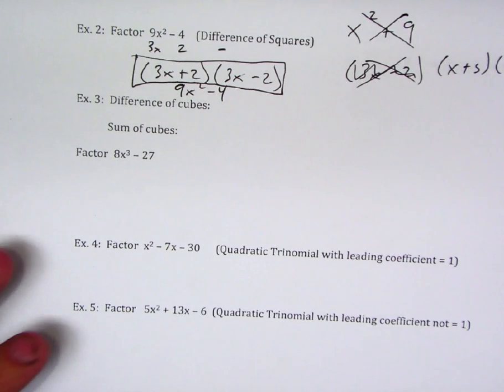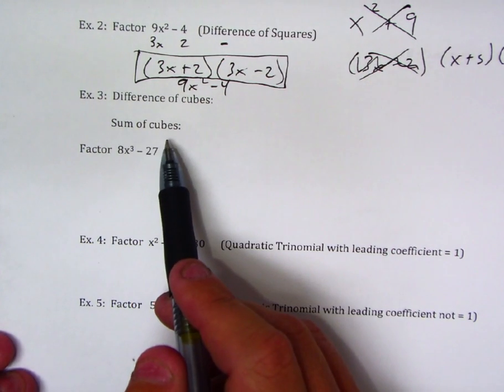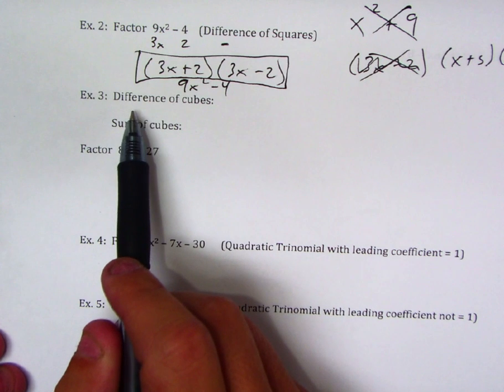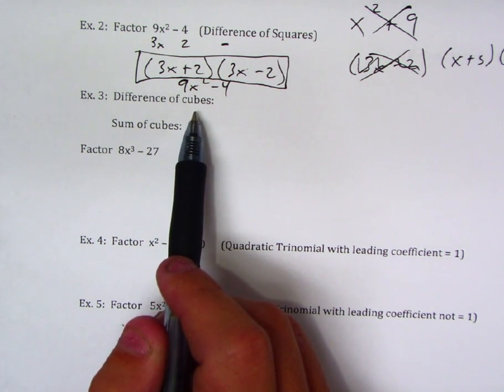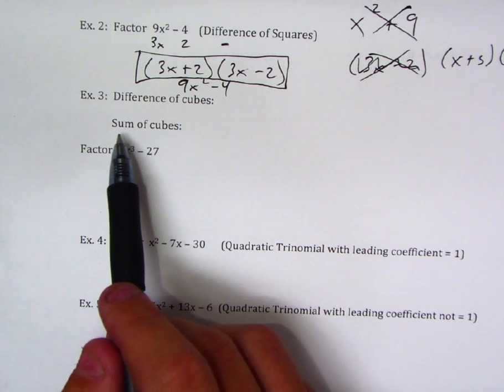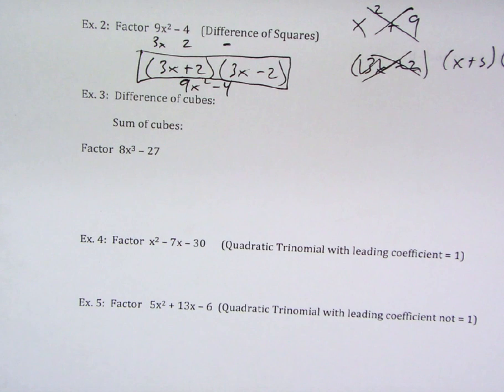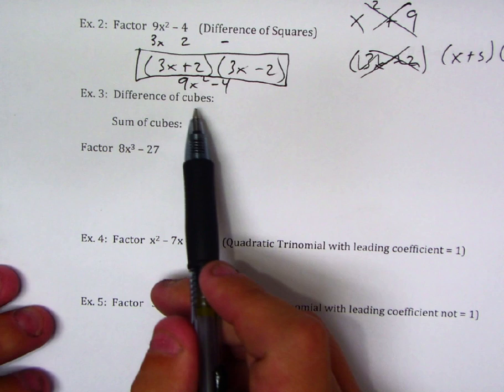However, you can factor a difference of cubes and sum of cubes. So this is when you are subtracting two perfect cubes. So we have to know our perfect cubes, like 1, 8, 27, 64, etc. And sum of cubes. And it's the same formula, but a couple differences in signs. So for difference of cubes, here's what I mean by this.